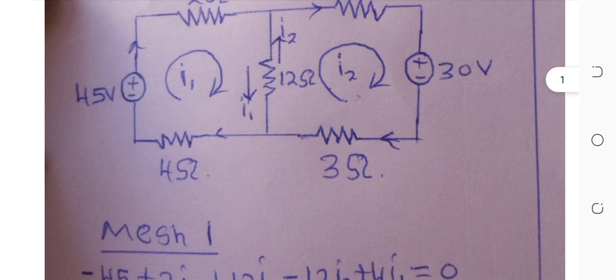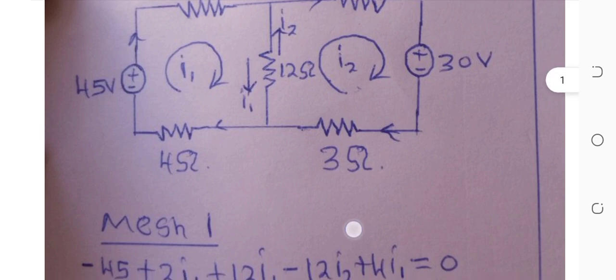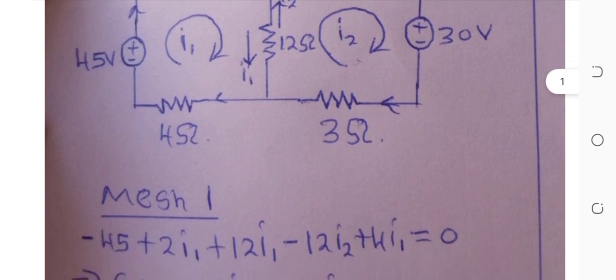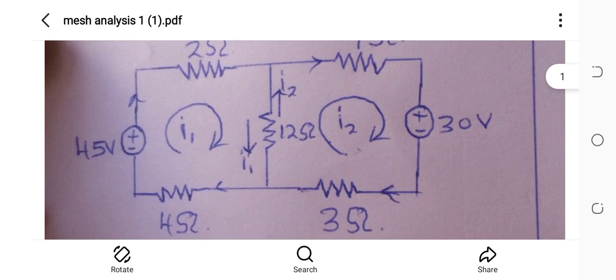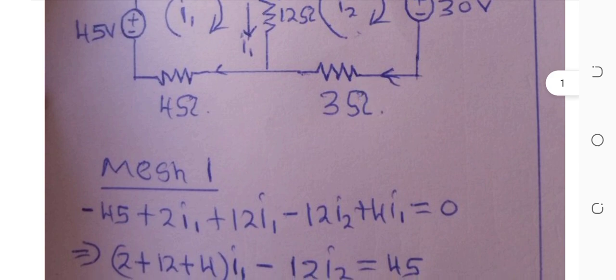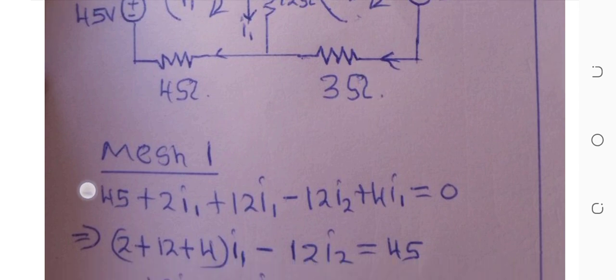Then plus 4 I1. So it is negative 45 plus 2 I1 plus 12 I1 minus 12 I2 plus 4 I1 equals 0, as you can see over here.